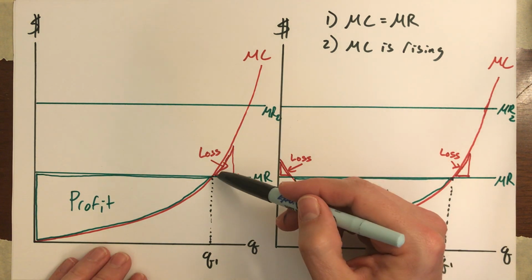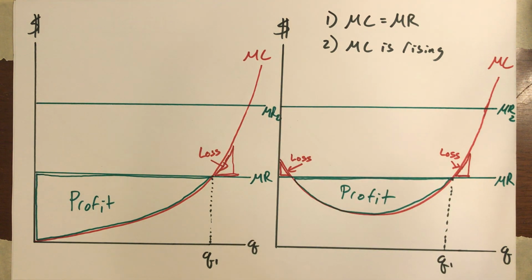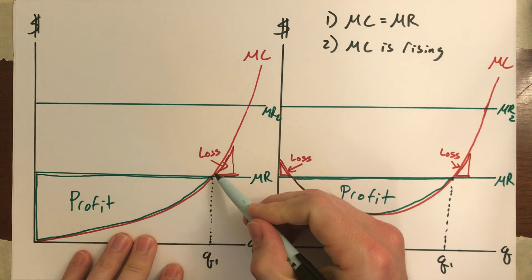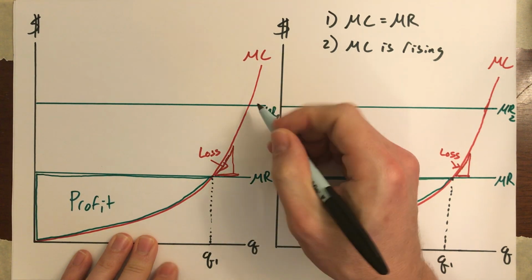Notice that now that you have pushed the price up, the firms can now afford to produce these extra units. They can make a profit selling these additional units.